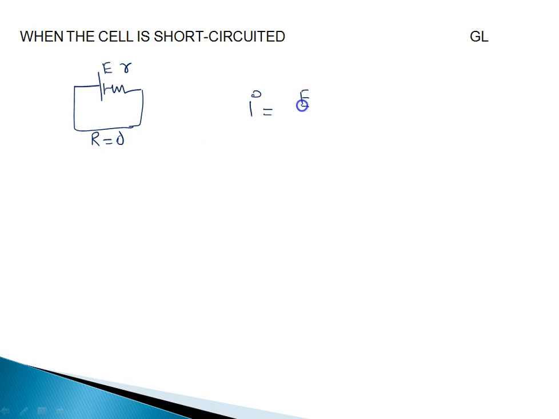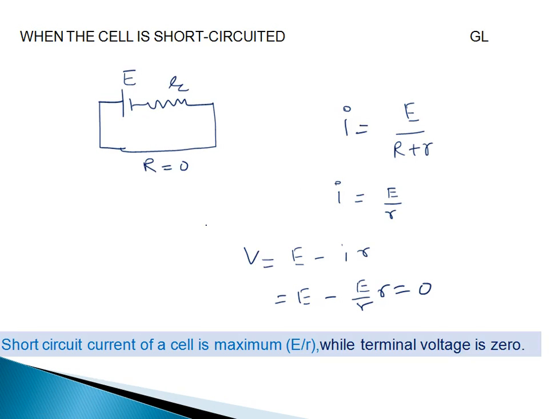I know all of you know very well, I equals E upon r plus 0, so it is E by r. Now what is the voltage? It is IR, with external R being 0, so the voltage is 0. It means the short circuit current of the cell is always the maximum current, and at that time the terminal voltage is 0. So all of you read it.